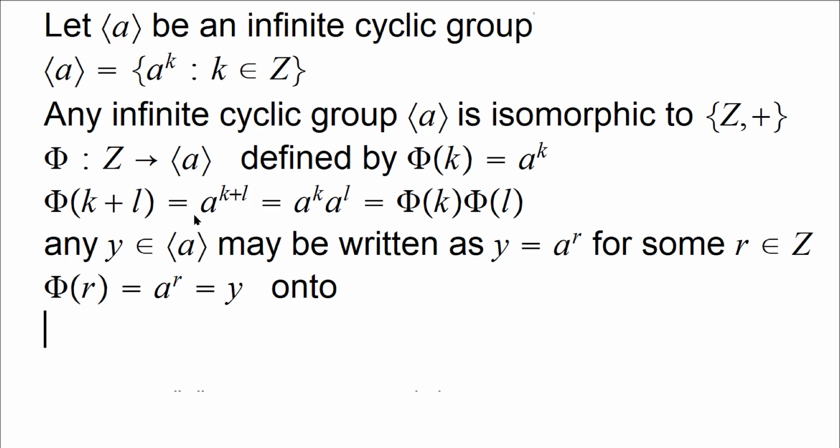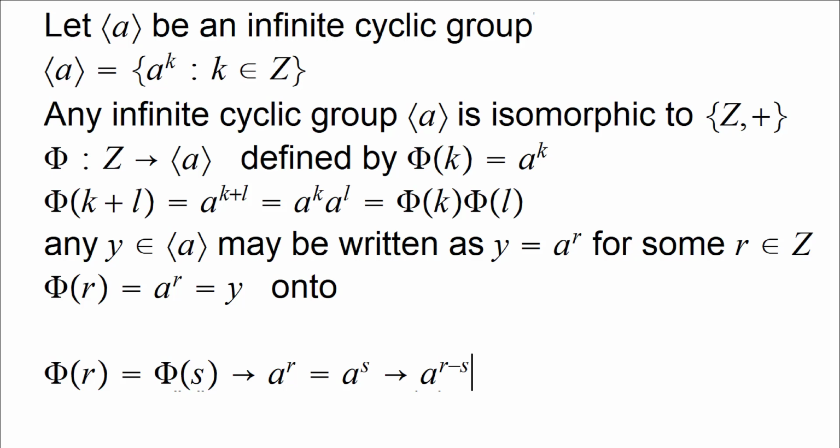All right. Now let's check the last property, because we still have to show that it is 1-1. So say we have phi r equals phi s. What will that mean? That will mean that a to the r equals a to the s. Now, if we multiply by a to the negative s on both sides, then we get a to the r minus s equals the identity.